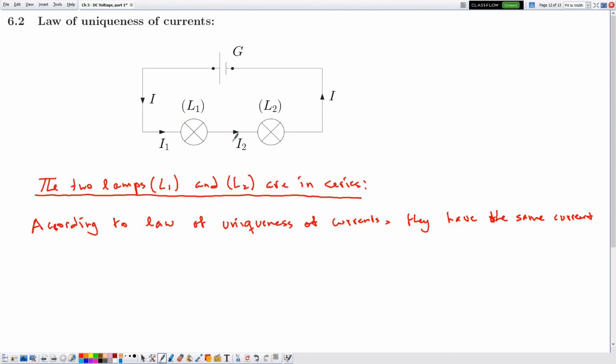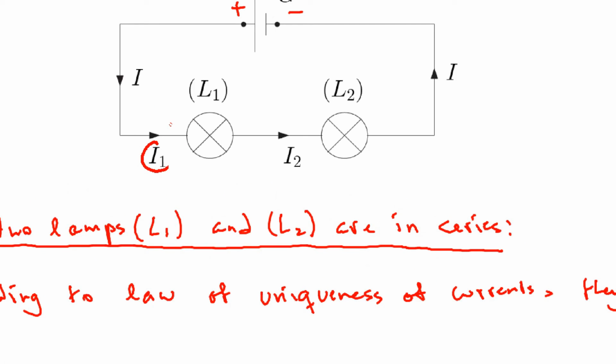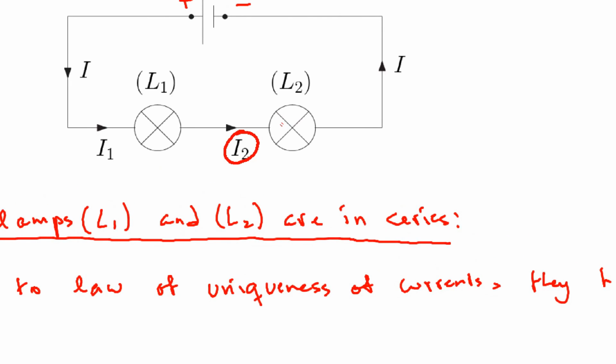So here this circuit is said to be a closed circuit because all the components are connected to each other. This is the positive pole and this is the negative pole. Then the direction of the main current will be from the positive pole to the negative pole. So this is the current I1 traversing the lamp L1, and this is the current I2 traversing the lamp L2.